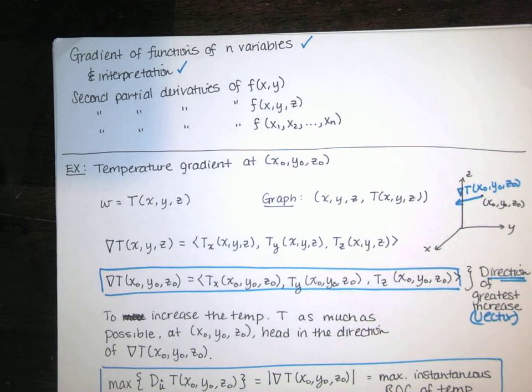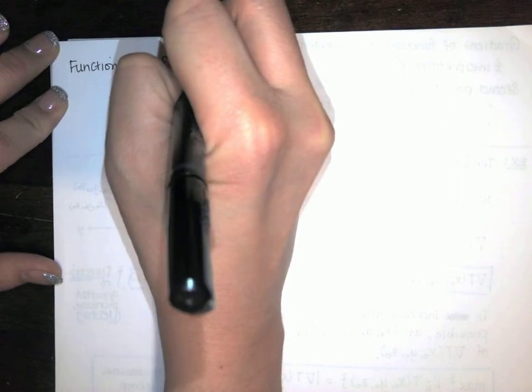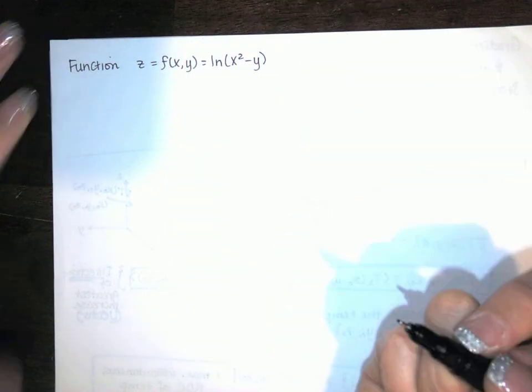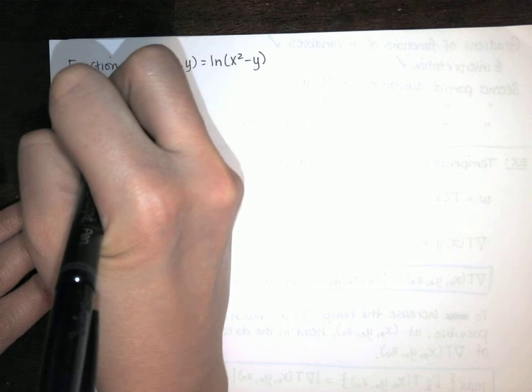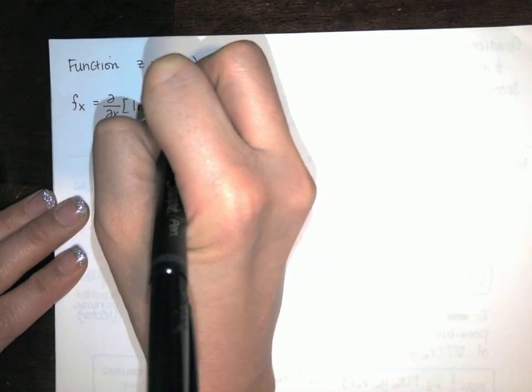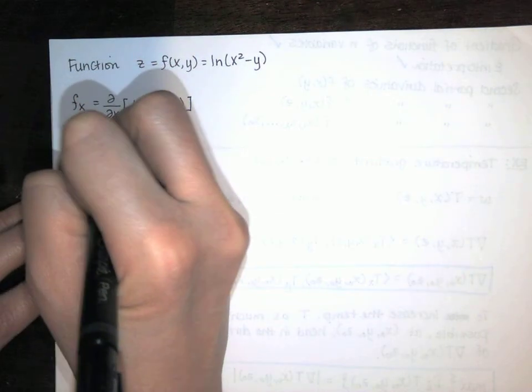In the last video, we looked at first partial derivatives of this function given by z equals f of x, y, which is natural log of x squared minus y. And we found the first partial with respect to x. And we found the first partial with respect to y.